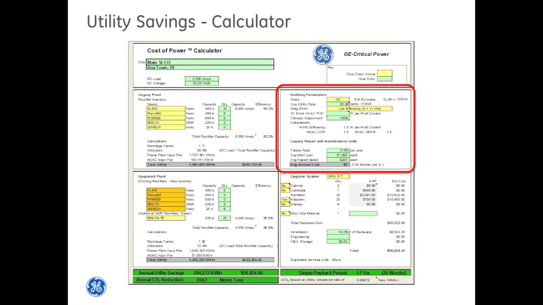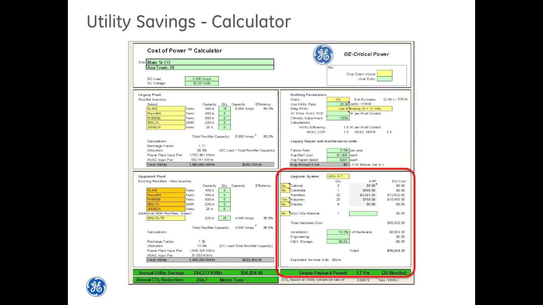It also takes into account some of the building parameters. You can see here that if I improve the efficiency of the rectifiers, I generate less heat. That means my HVAC system has to work less hard, so I can have some savings, and we calculate that based on how efficient we think the HVAC system is.